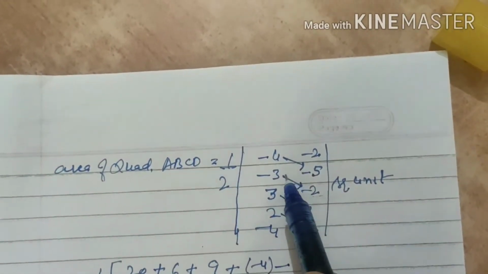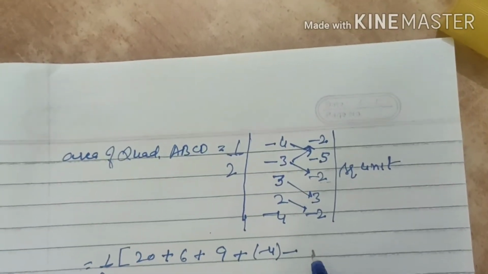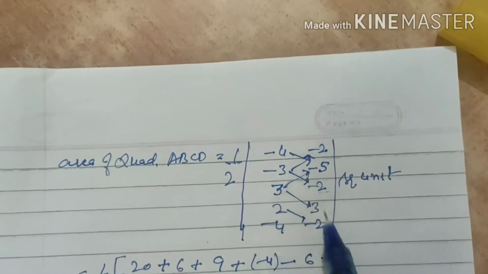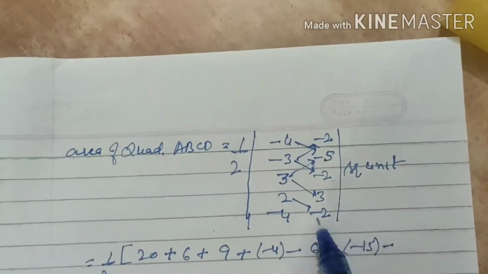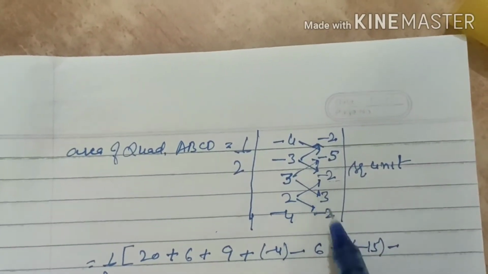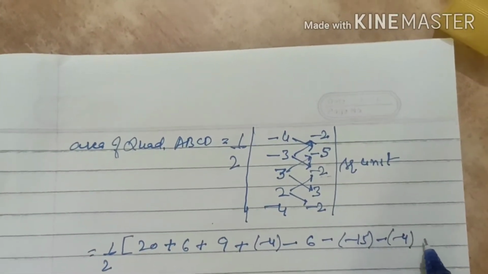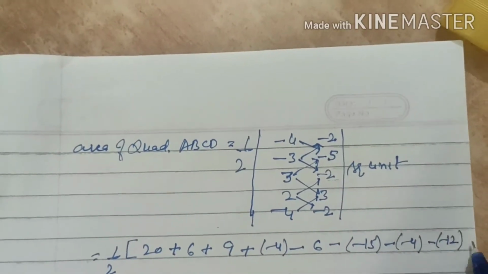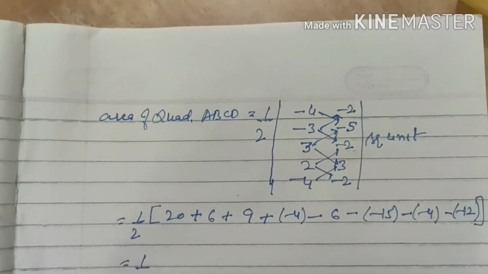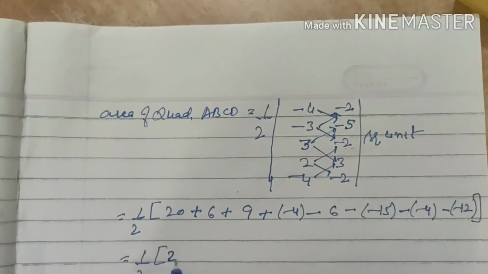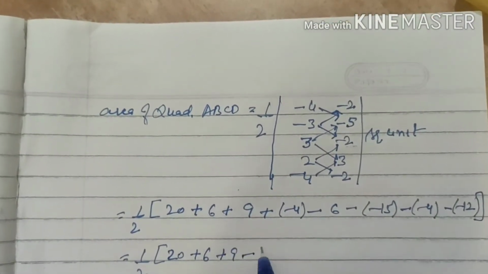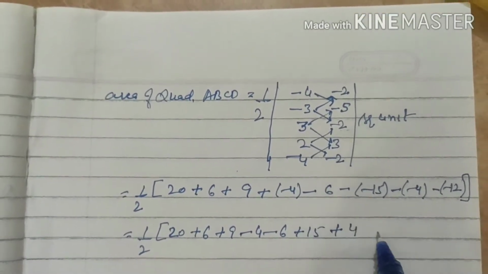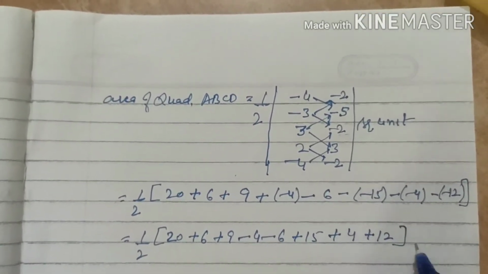Now minus upward: minus 3 into minus 2 becomes plus 6, so minus 3 into minus 5 becomes minus 15, so minus 15, minus 2 into minus 2 becomes minus 4, so minus 4 here, and minus 4 into 3 becomes minus 12, so minus 12. So 1 by 2, 20 plus 6 plus 9 minus 4 minus 6 plus 15 plus 4 plus 12, square unit.